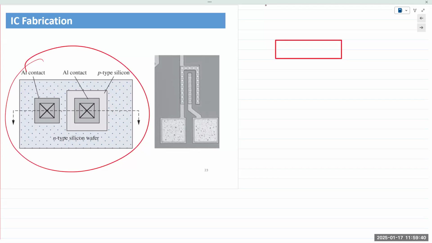The clean room here at Cal Poly is class 1000. The clean room where I did my doctorate research was class 1000 with a couple of specialized bays with class 100. When I was at UCSB, they also had class 100 and class 1000. Again, it all has to do with keeping the environment clean.